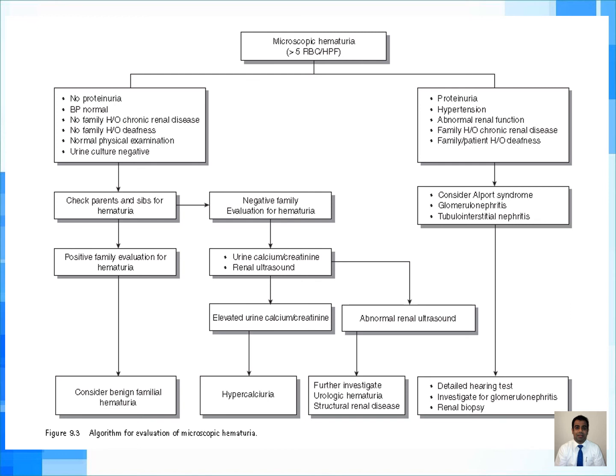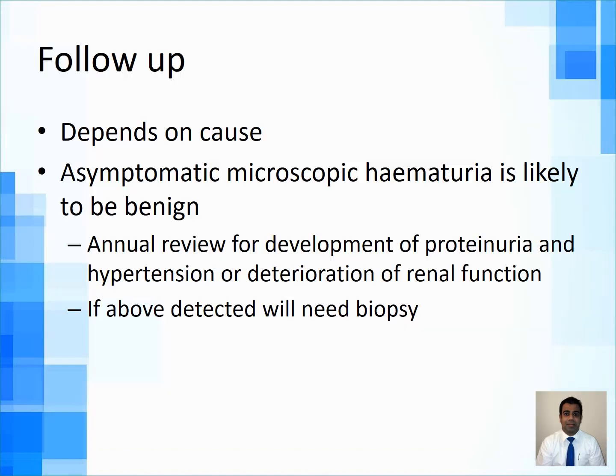So you need to do a detailed hearing test and investigate for the possible causes of glomerulonephritis, including a renal biopsy. So these are basically what you're going to do if the patient has microscopic or macroscopic hematuria after you do the basic history, examination, and investigations.